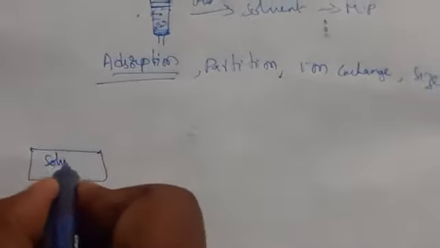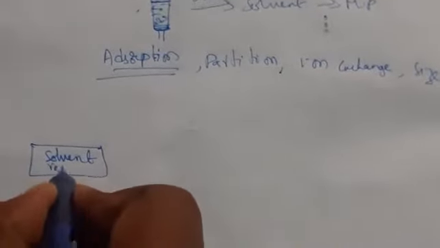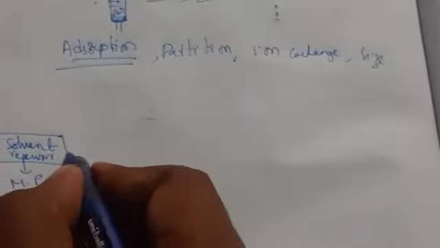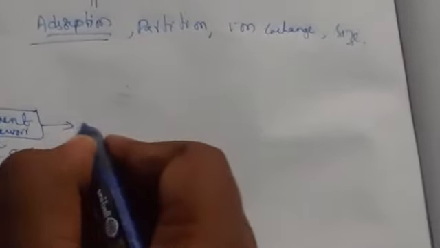Now let us see the general diagram. I have taken a solvent reservoir, which holds the mobile phase. Different types, we can take 2, 3, 4 like that; we can take mixed solvents, which are attached to a gradient device.